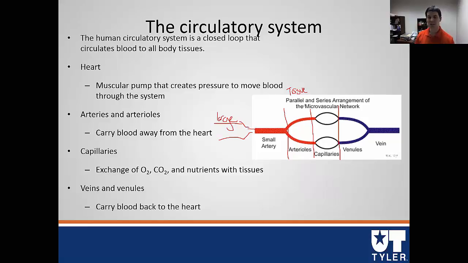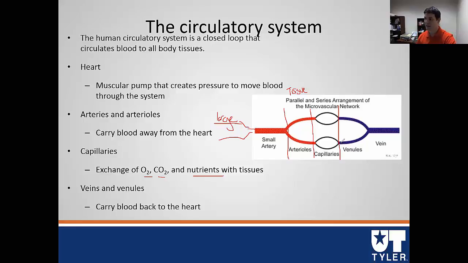And what it does is it creates this massive amount of surface area so that we can easily drop off and exchange oxygen, CO2, and nutrients between the tissue and the cardiovascular system here. Once we've made that exchange, we're maybe lower on oxygen, higher on CO2. What we need to do is get rid of that waste and get more oxygen back in so that we can deliver more in the next pump.